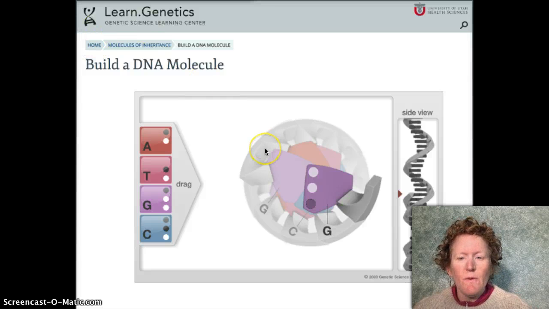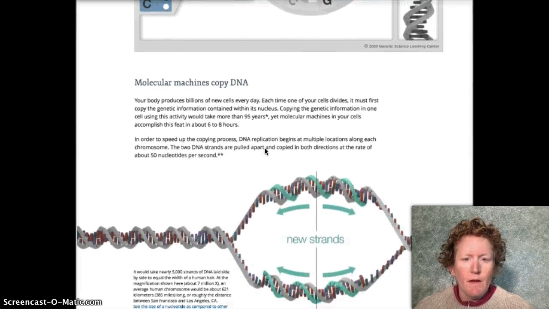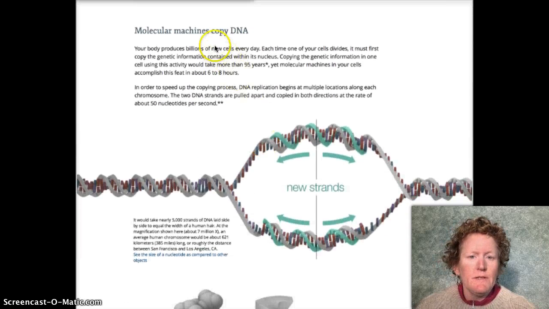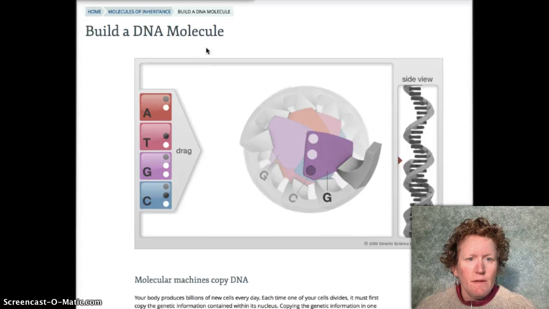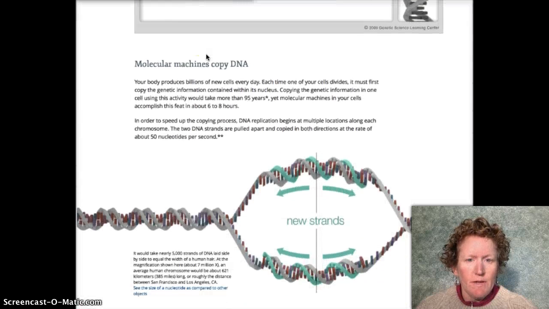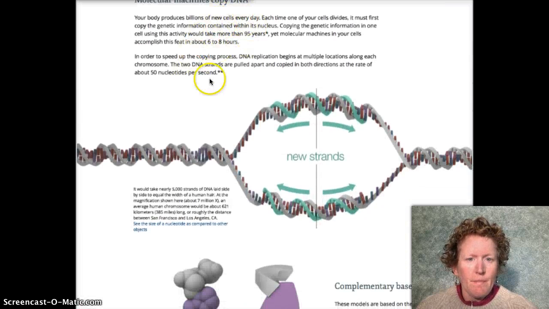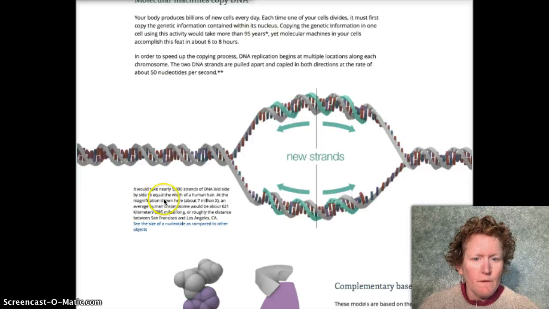To answer number 4 on your lab sheet, you're going to need to read this paragraph right under here. Notice I just scrolled down from underneath the build a DNA molecule, and I'm right here. Here's your information that you need to answer question 5. Oops, that's the information for question 5.